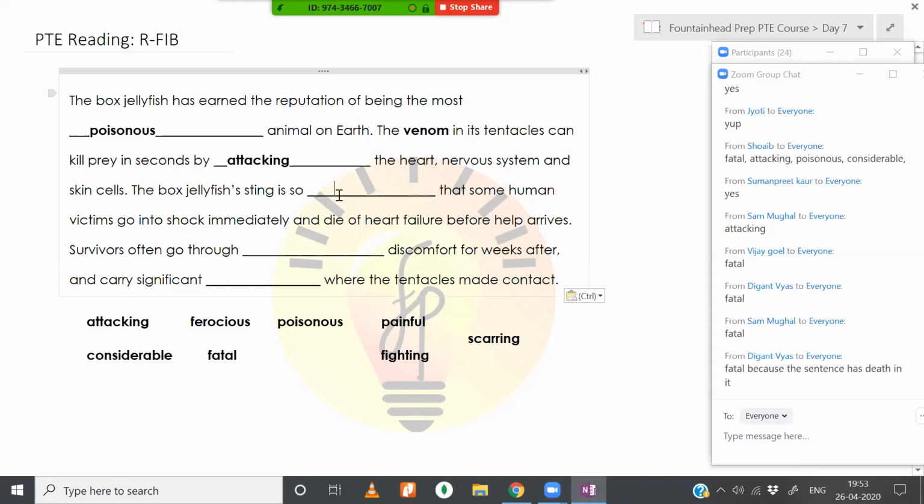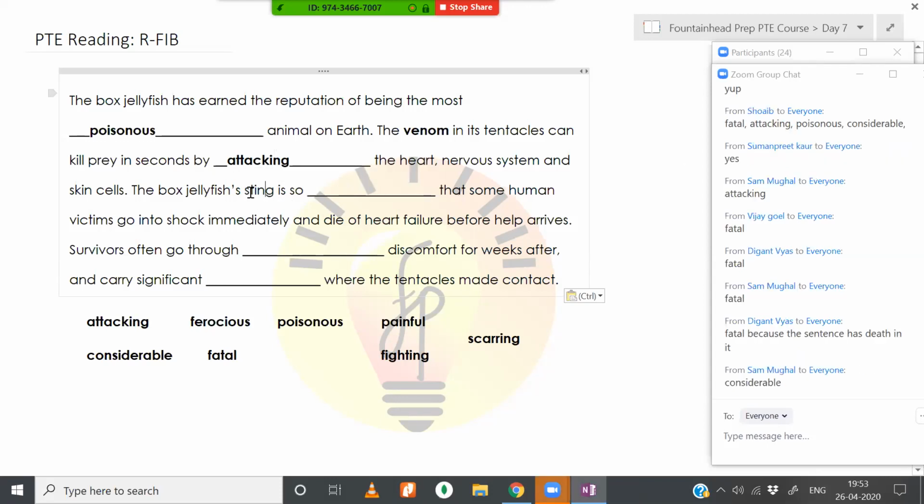First of all, it's a sting, so you say painful sting. He is stung by a bee, so it's a painful sting. Now, why is it not fatal? Because fatal itself is a strong word. The primary reason here is that it's talking about the sting, and a painful sting is what you usually say.